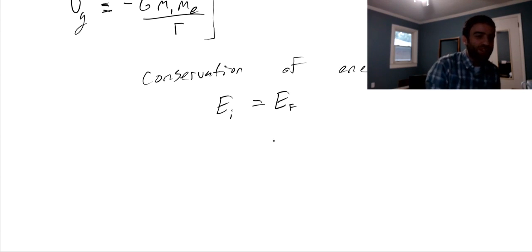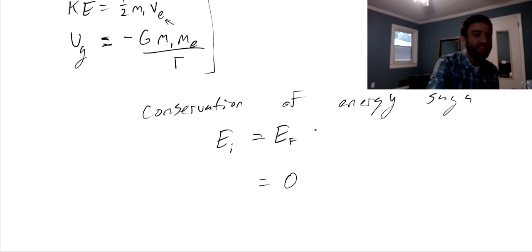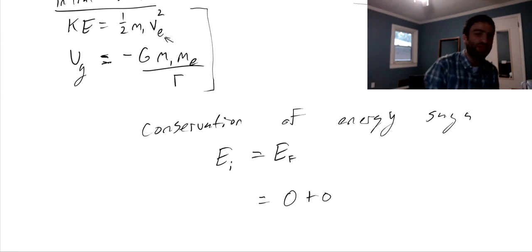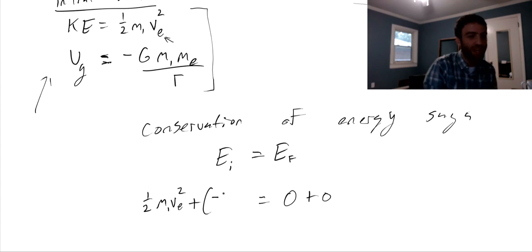I've arranged things so that the final energy is 0 kinetic energy plus 0 potential energy. And the initial energy is 1/2 times m1 times escape velocity squared plus the gravitational potential energy, which is minus G m1 m Earth over radius.